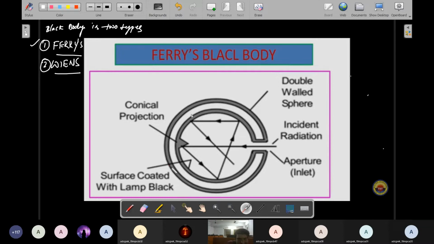Okay, I introduce a radiation. Right now I use this. Actually this is the Ferris black body.